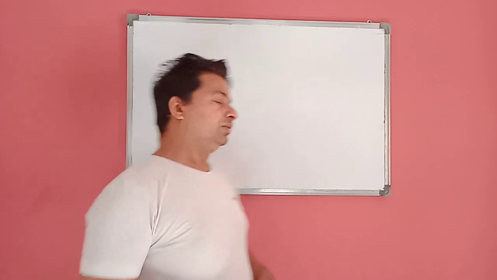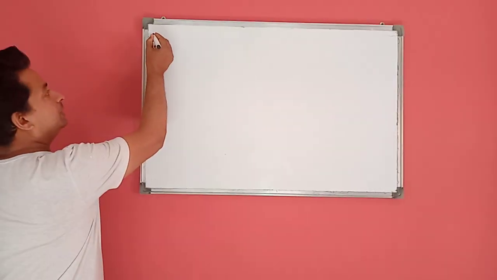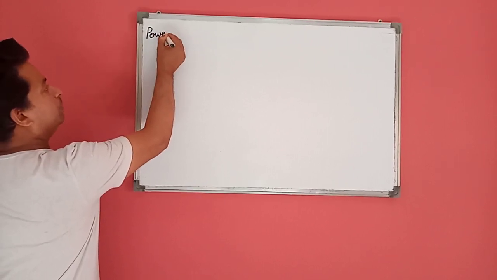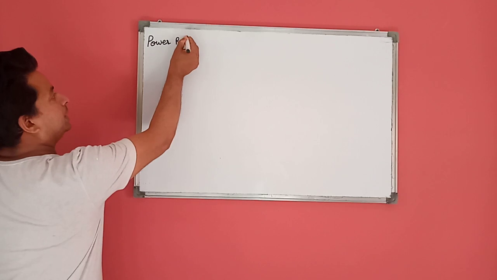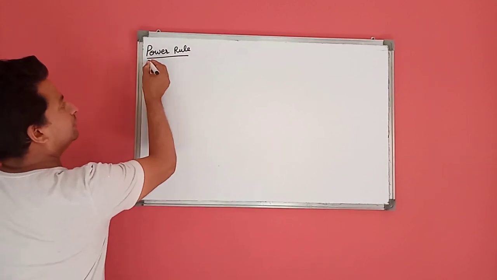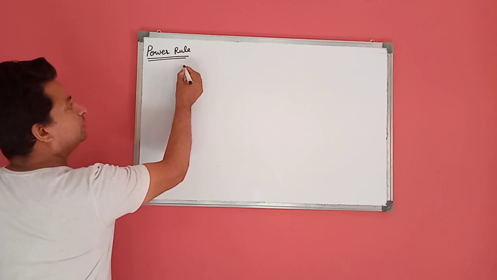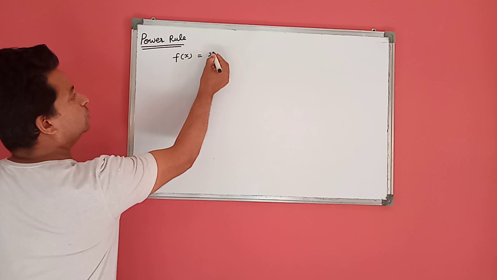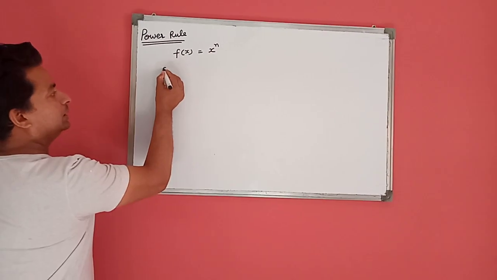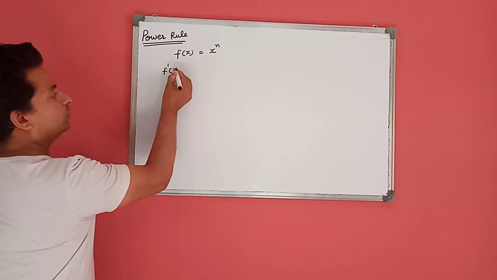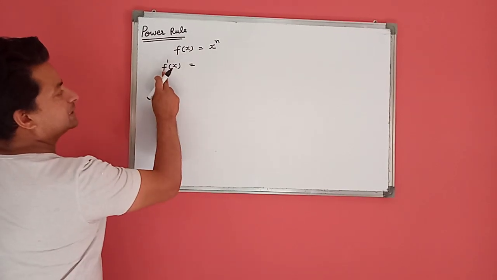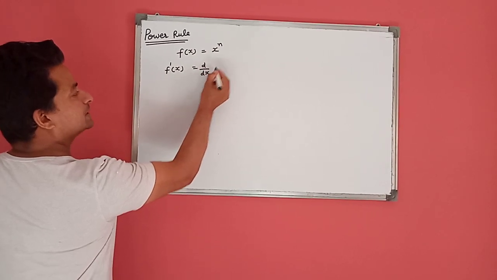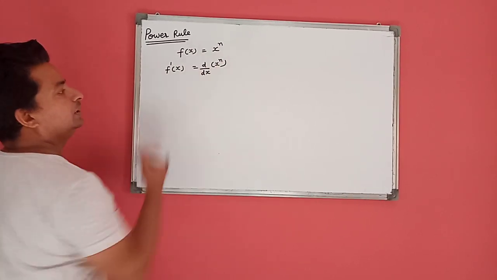First of all, derivative. In derivative, the first rule is called the power rule. Derivative means to deviate, घटाना. If we consider the function f(x) = x^n, then we denote the derivative of f(x) as f'(x), and it is d/dx of x^n.